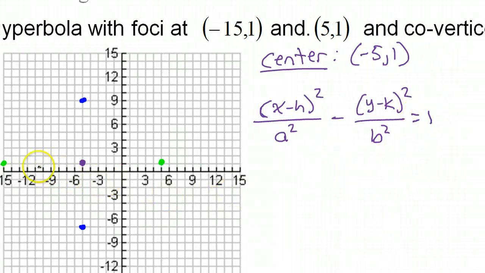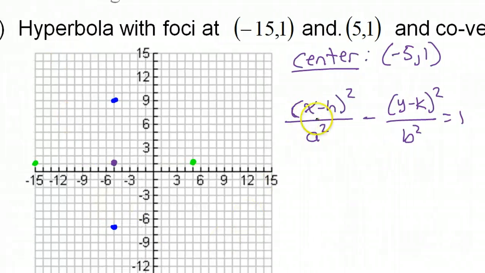So again, I know that the foci and the vertices both go the same way. So if the foci are sideways, that means the whole hyperbola is sideways, which means the x's come first.